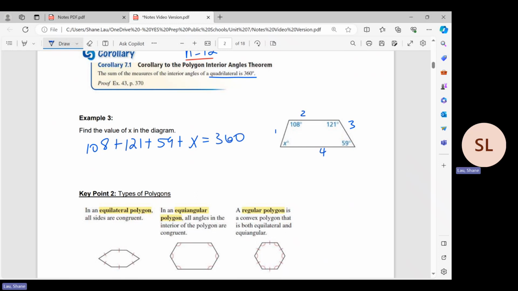So you add them all up, you get 288 plus x equals 360. Subtract 288 from both sides, you get x equals 72 degrees. That's usually pretty simple, nothing too hard.